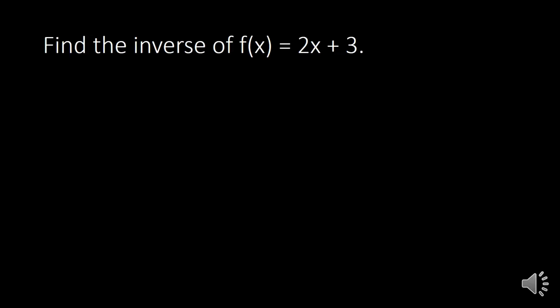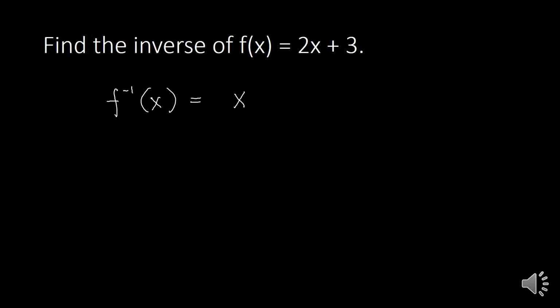So let's have f of x equal to 2x plus 3. How are we going to get the inverse of the function here? We simply write the notation f to the negative 1 of x. That will be equal to x. We'll always start with an x.